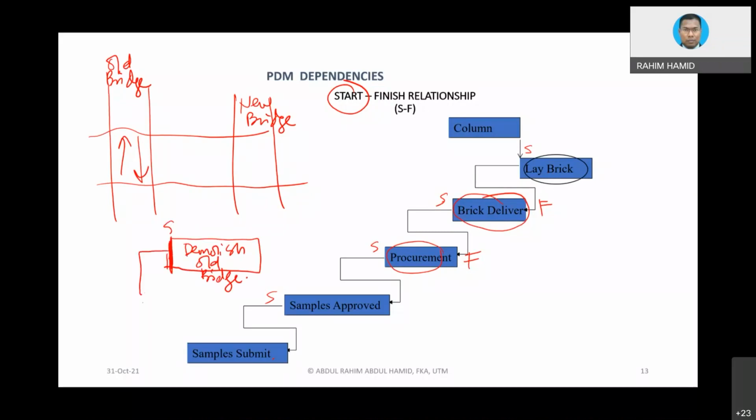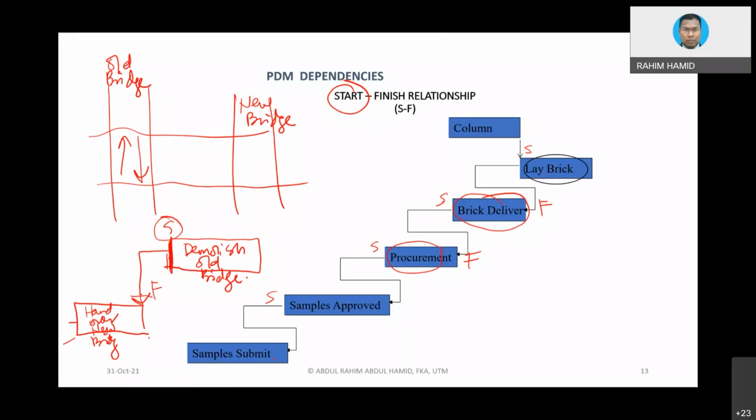You can only start demolishing the old bridge once you already complete, or basically hand over, the new bridge as one of the last processes. There could be many processes before that. We don't care. This is what we call a start to finish relationship.